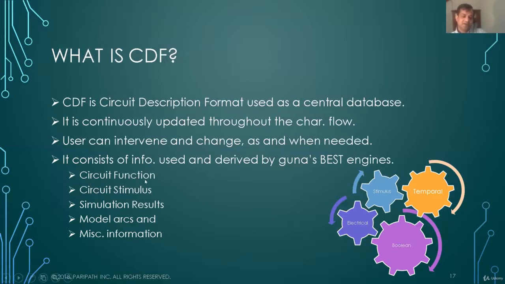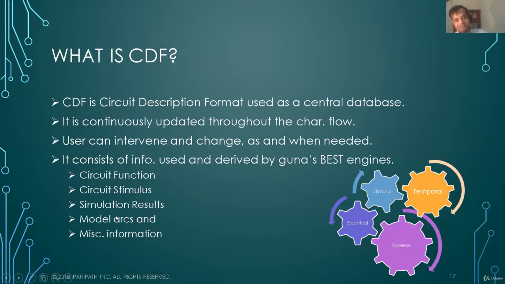It identifies, recognizes the circuit functionality, generates the stimulus, it fires simulation, and identifies some of the electrical characteristics of the cell. And it has model arc, simulation result, and rest of the miscellaneous information. So all of that is part of your CDF. And we will open the CDF and I'll show you how that looks.